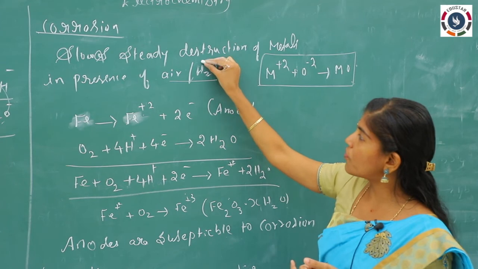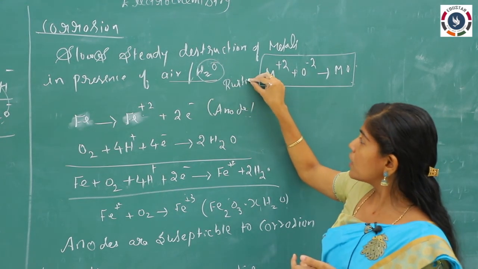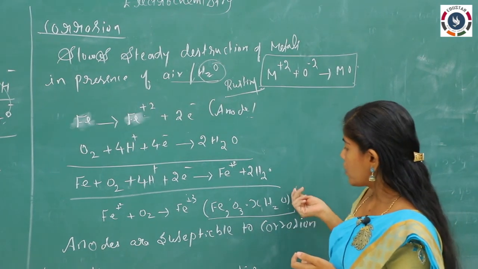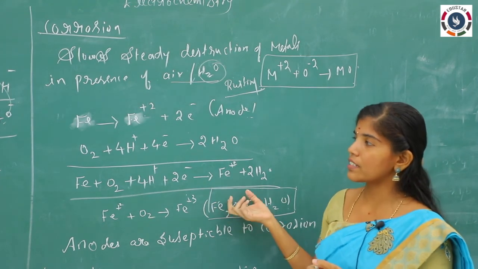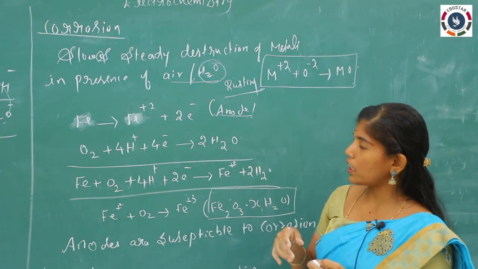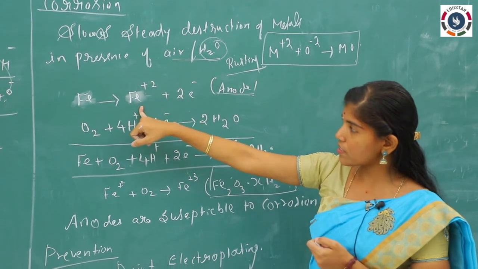For an example of wet corrosion, the best example is the rusting of iron, that is Fe2O3 x water. This is the formula for rust. Now, I am writing the anode equation: iron giving Fe+2, that is ferrous ion.